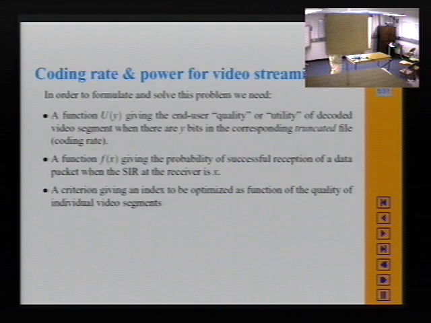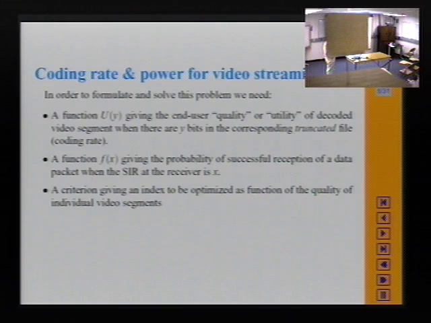So we need some kind of function that tells us the quality of the video given the point at which you cut, that is, given the coding rate. So we need a quality-rate relationship. The typical one is distortion-rate, and we'll see later how that fits into this.